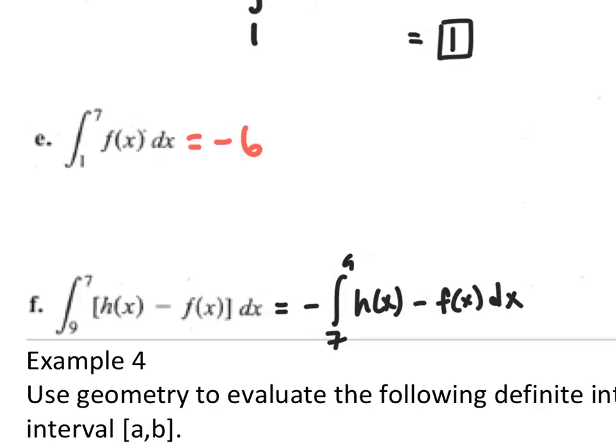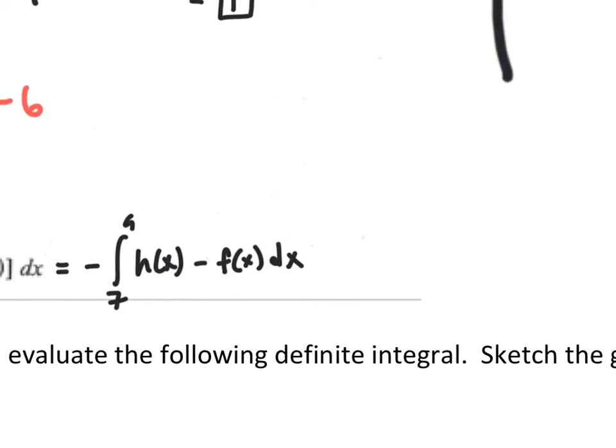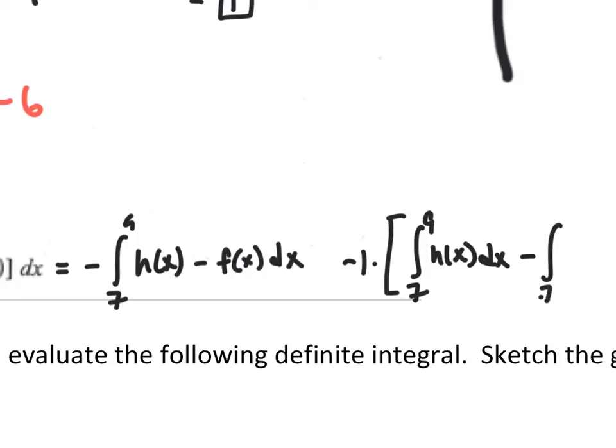Then I'm going to split this up into two different integrals, but I need to keep that negative out front. So negative 1 times the integral from 7 to 9 of h of x dx minus the integral from 7 to 9 of f of x dx.